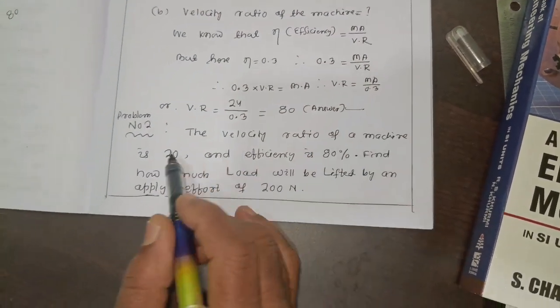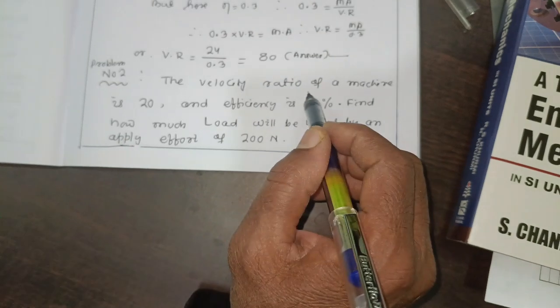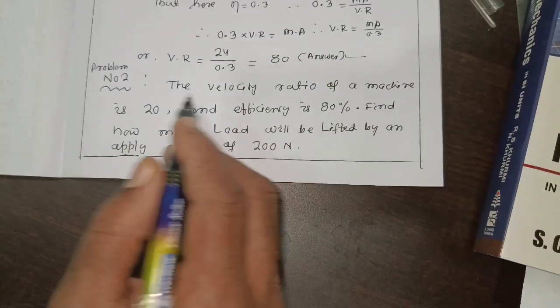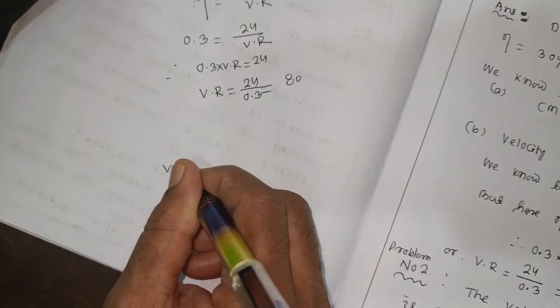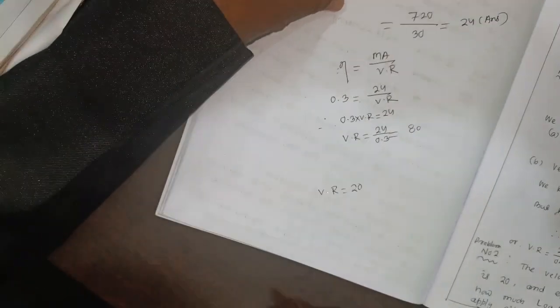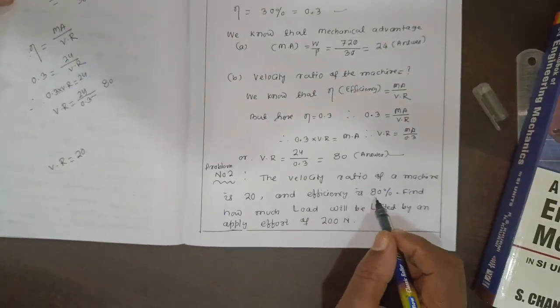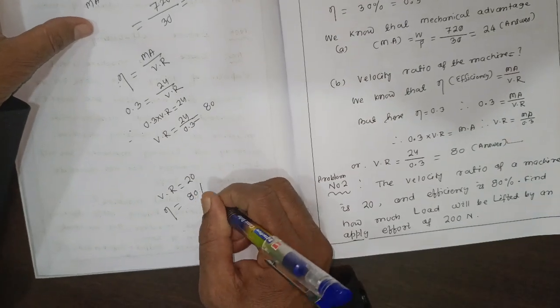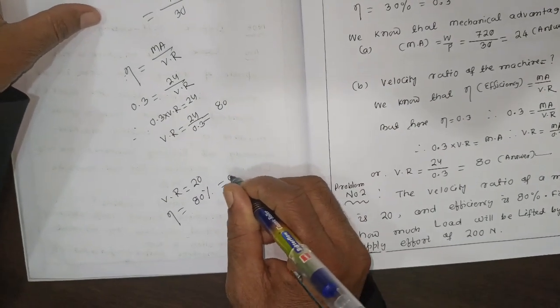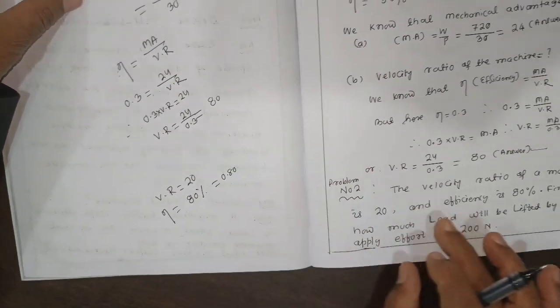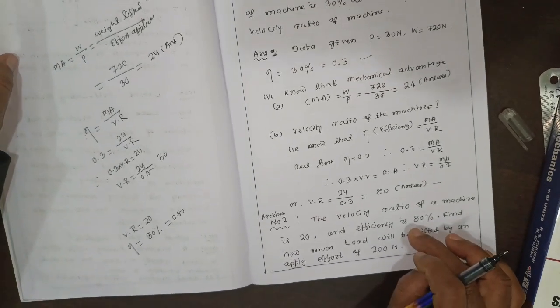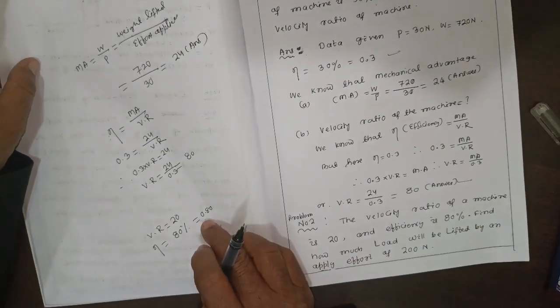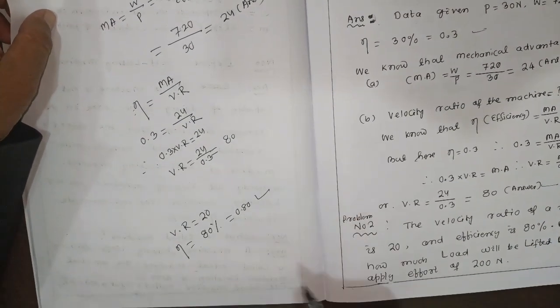Next question. The velocity ratio of a machine is 20, that is VR is equal to 20, and efficiency is 80%, that is 0.8. Actually, when you do a problem and see 80%, you should write it as 0.8.